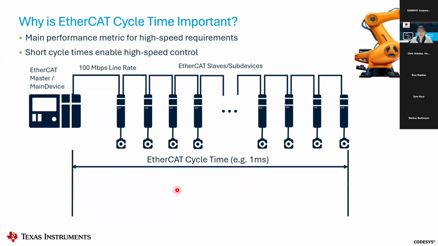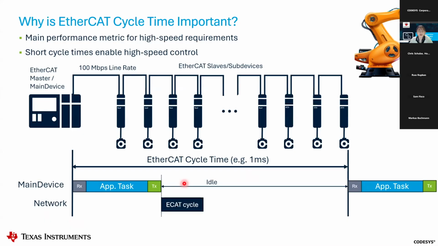And here I tried to show a very simplified view of the various timings that contribute to an EtherCAT cycle. These timings include, from the main device side, the time it takes for an EtherCAT frame's process data to be received, the time it takes for any logic to be processed on that received process data via the application task, and then the time it takes for that process data to go back out onto the network.